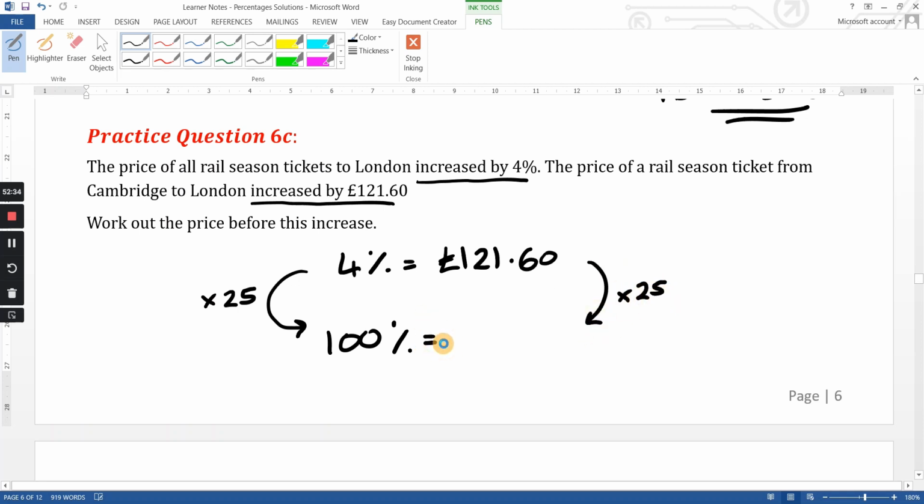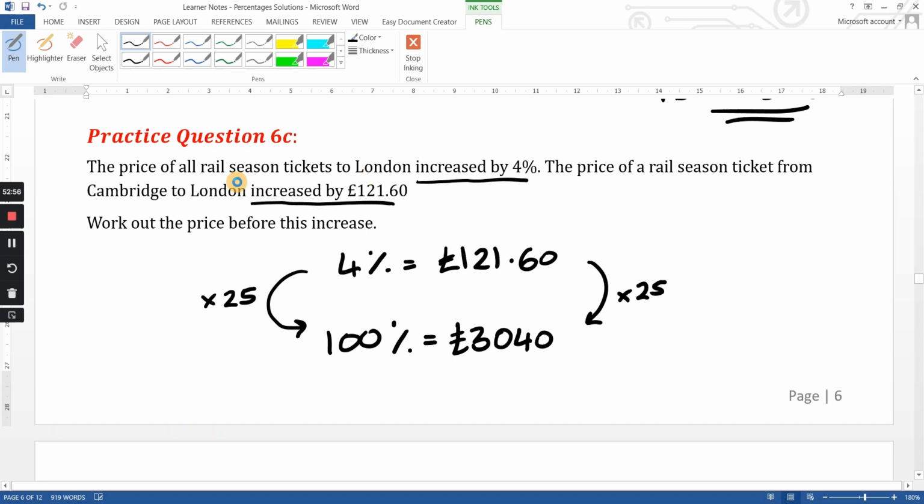And I should get my answer. Let me just double check. It's going to be a big answer. 121.6 times by 25. Yeah, I get 3040. Sounds about right as well.